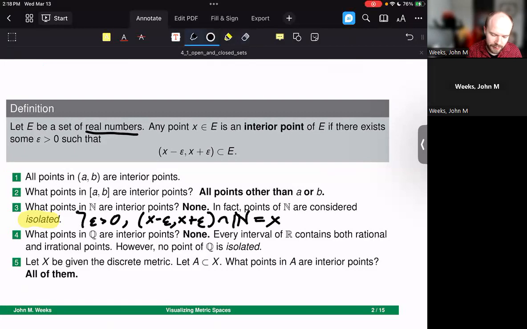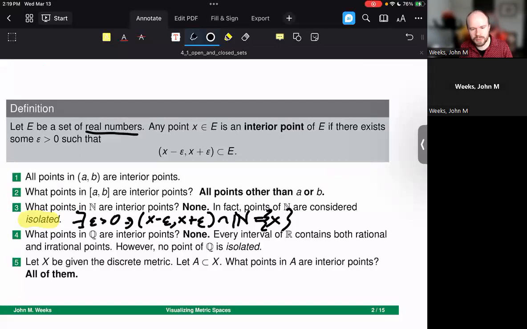This actually needs to say there exists an epsilon greater than 0, because you can make your epsilon big, but this is saying for a sufficiently small epsilon, (x minus epsilon, x plus epsilon) intersected with the natural numbers is equal to x. And we've talked about how you could play around with epsilon equals 1/2 in that respect.